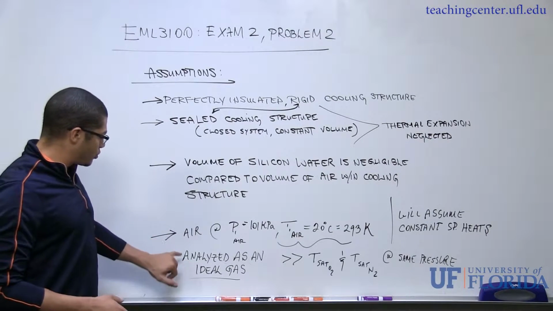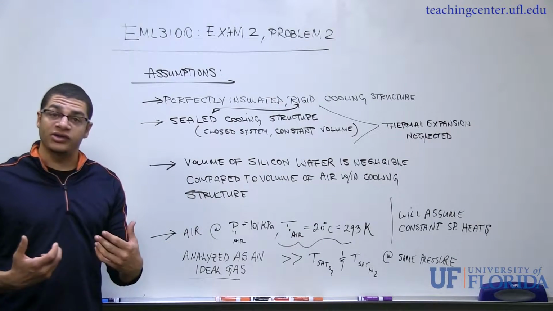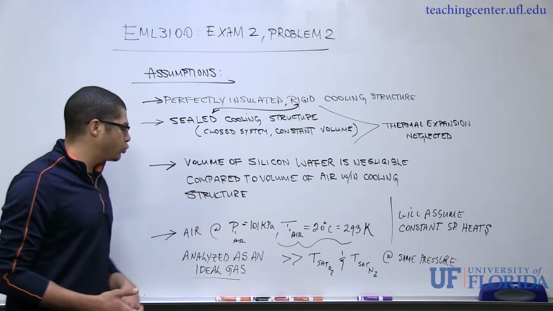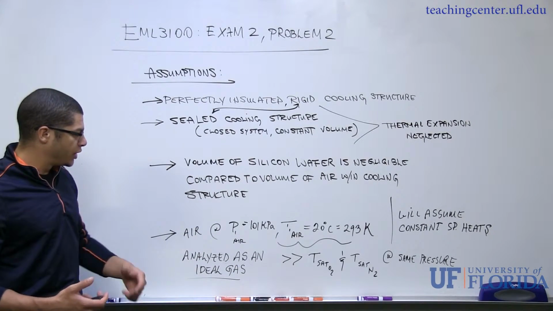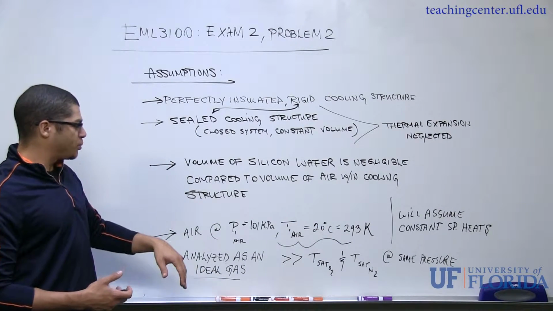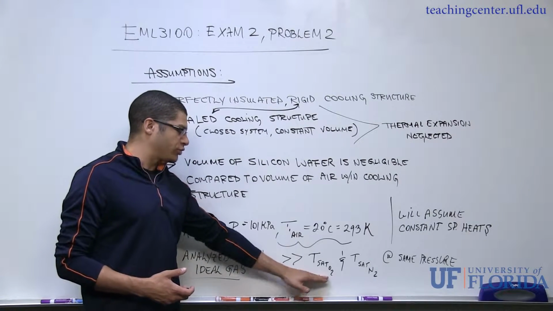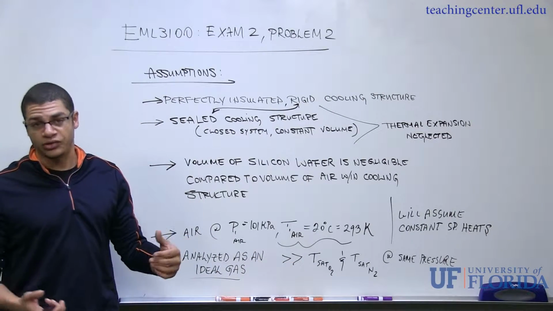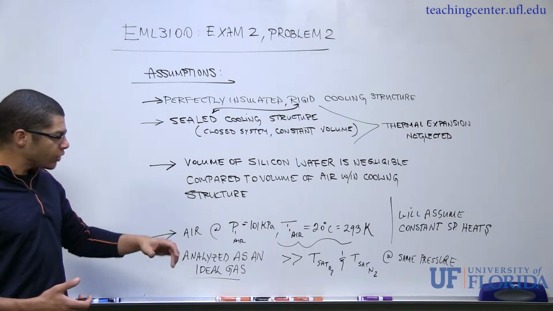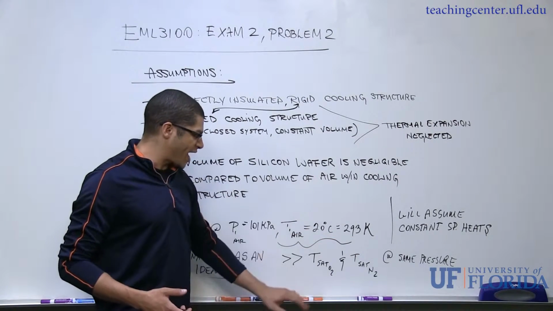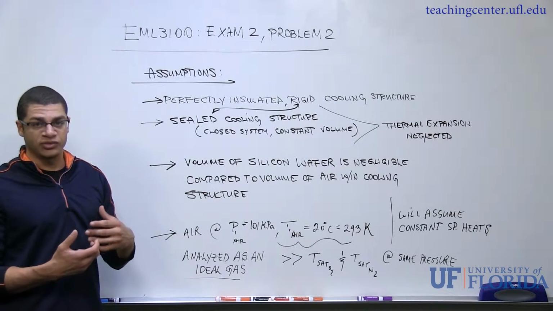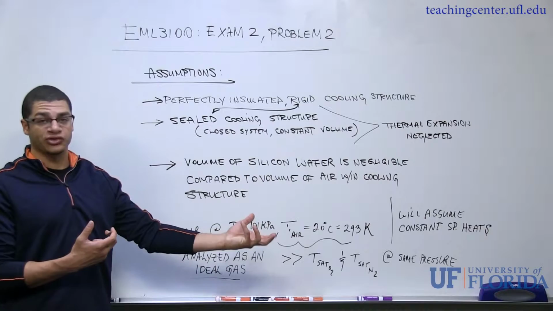Finally, we're going to assume that the air can be analyzed as an ideal gas, and this is justified right here. It's initially at 101 kPa, so ambient pressure, and 20 degrees centigrade, or 293 Kelvin. Now, if we compare the saturation temperature of oxygen and or the saturation temperature of nitrogen, which air is composed of both, this temperature far surpasses these saturation temperatures at the same pressure, which signifies that it's in a superheated vapor state.